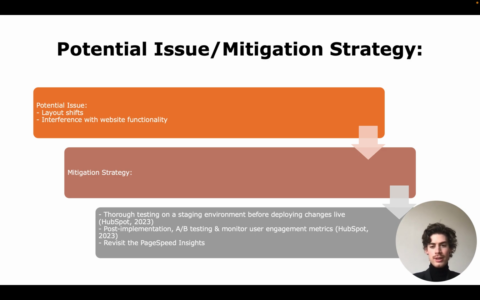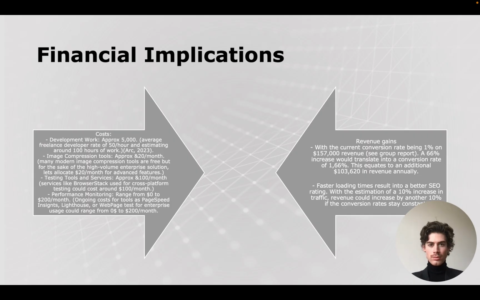Also, regularly revisit the PageSpeed Insights tool after implementing changes to measure the impact and ensure continuous improvement of the website. To provide a financial implication analysis for the website optimization recommendation, I will estimate the cost, forecast potential revenue increases, and calculate the ROI.